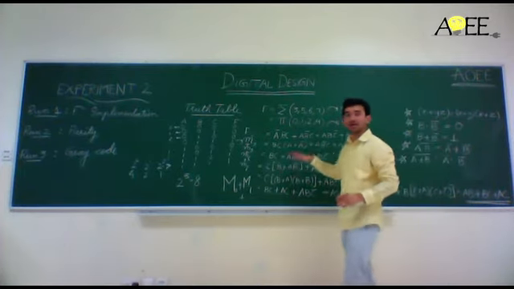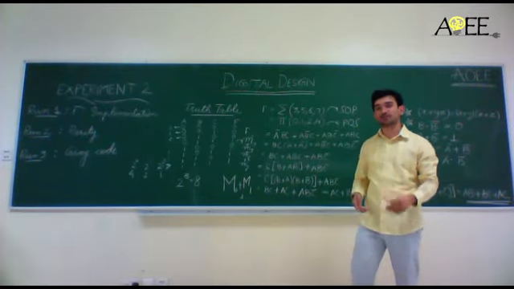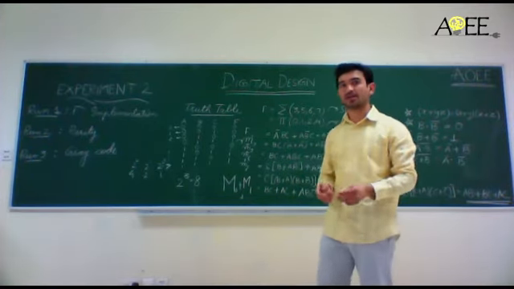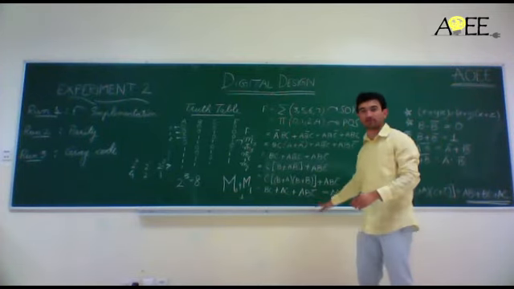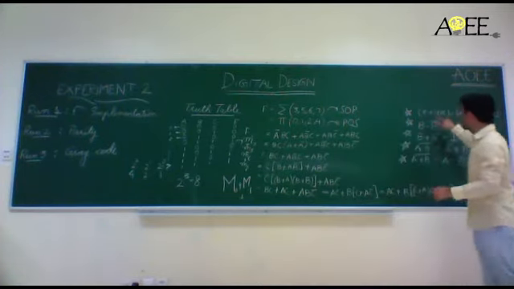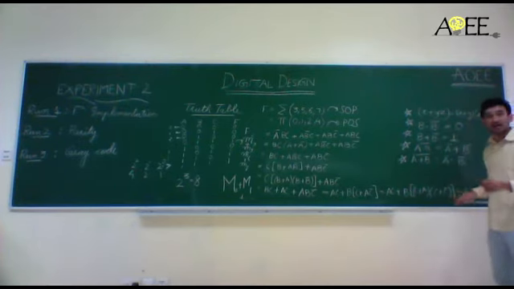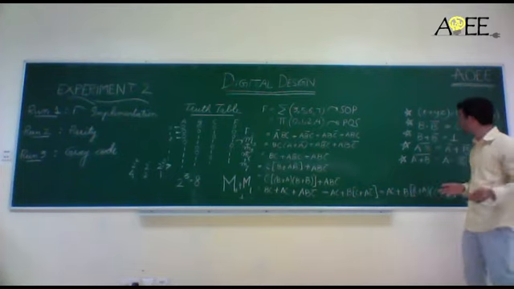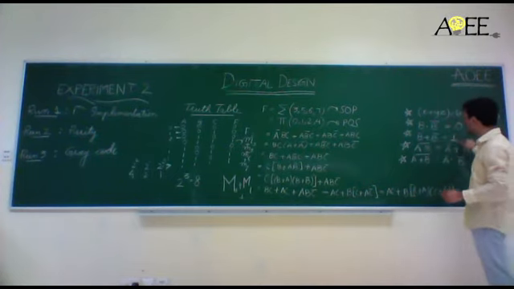The next step after getting the function is to simplify it using Boolean algebra. There are various formulas and methods. We'll discuss them and then simplify it. So first of all, it includes this formula which states that x plus y z can be written as x plus y into x plus z. Next is b into b bar is 0, b plus b bar is 1.